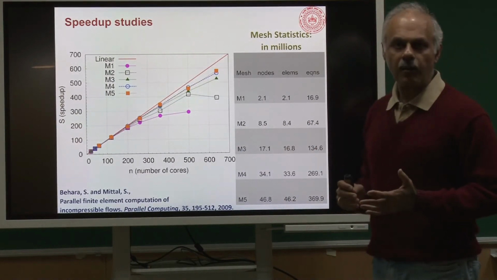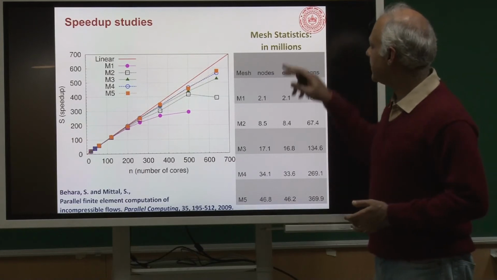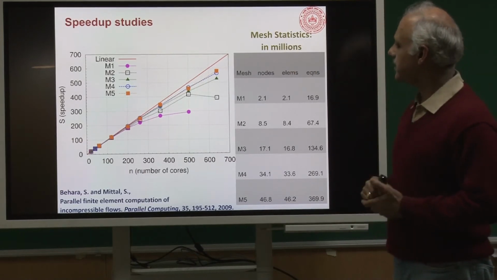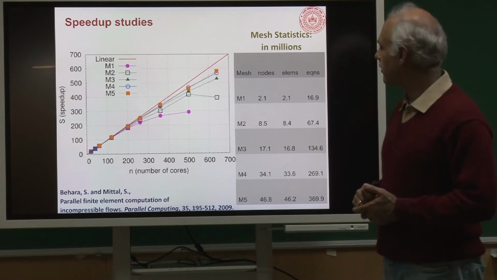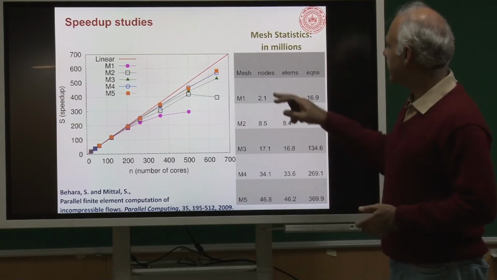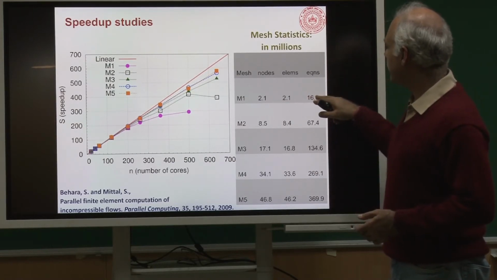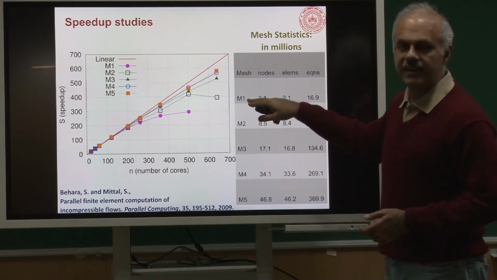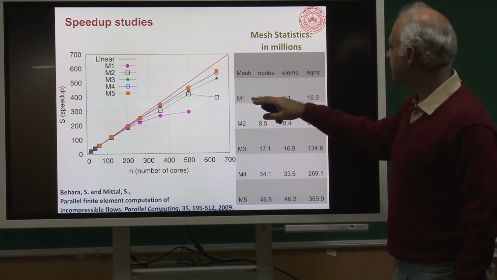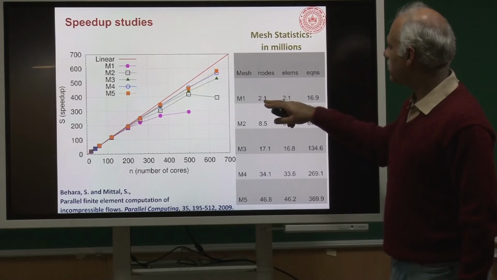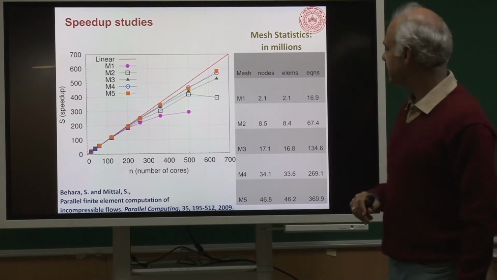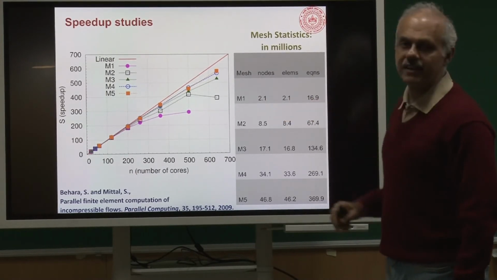So we took a problem, and these are the various meshes that have been used to solve that problem. These are the number of nodes and elements and the equations. For example, M1 is the coarsest mesh that has about 2 million grid points, which leads to about 17 million equations.